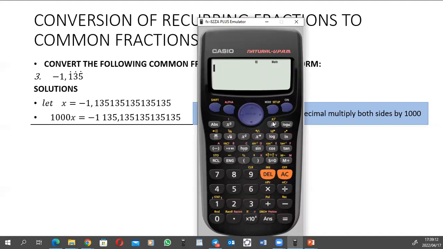So we've got negative 1,135,555. You minus a negative 135.